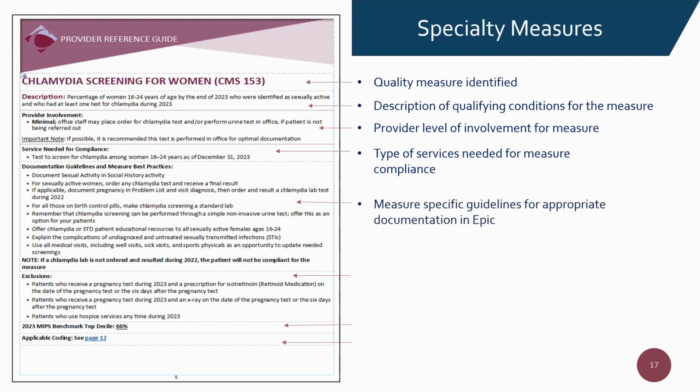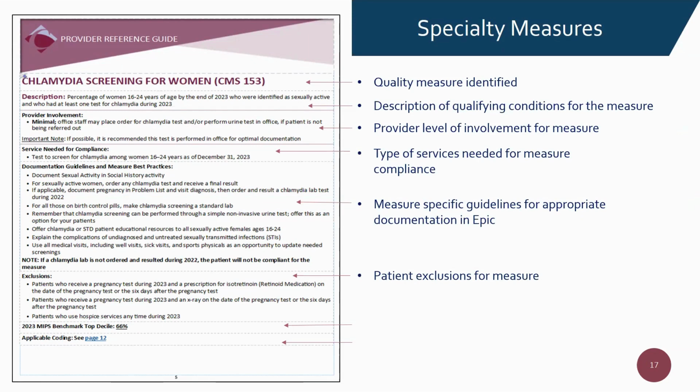This brings us to the largest section labeled Documentation Guidelines and Measure Best Practices. This will provide you with the measure-specific guidelines for appropriate documentation capture into EPIC. In addition, there is also a section specific to measure exclusions.